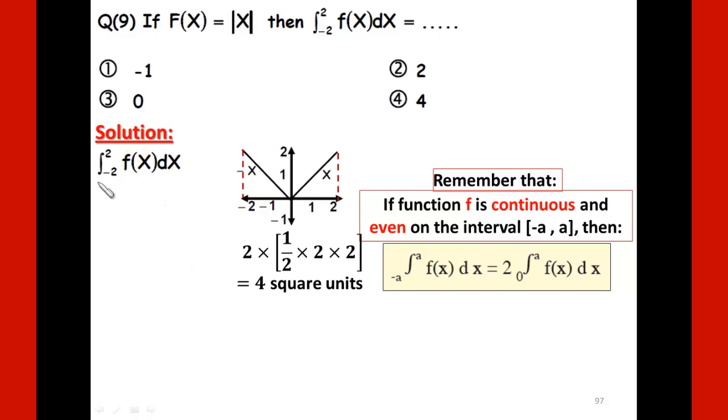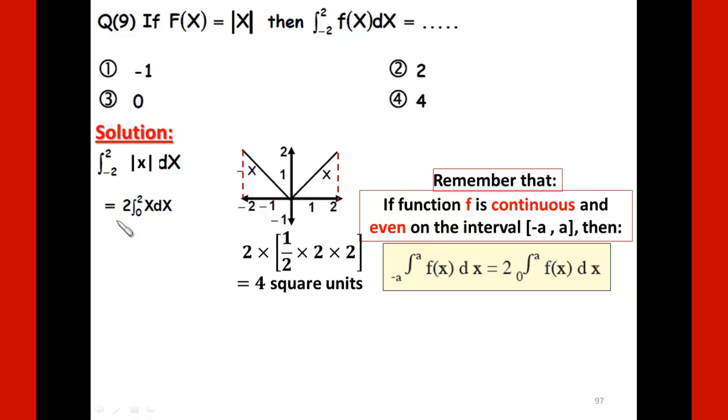The integral from -2 to 2 of f of x dx equals the integral from -2 to 2 of the absolute value of x dx. It is the same. And we continue: it equals the integral from 0 to 2 of x dx.